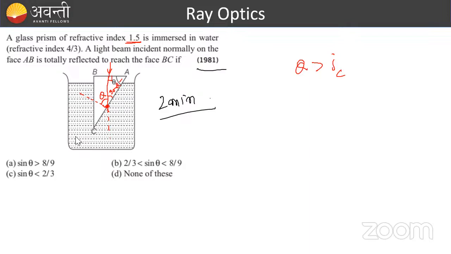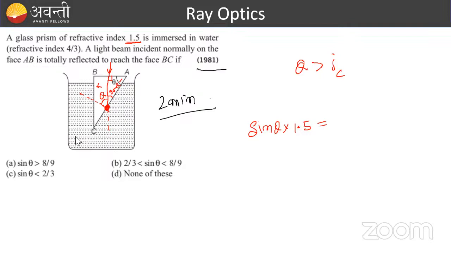So let's apply Snell's law at this point, on surface AC. Actually, here let's calculate sin critical angle.